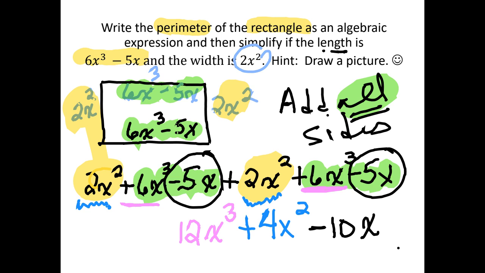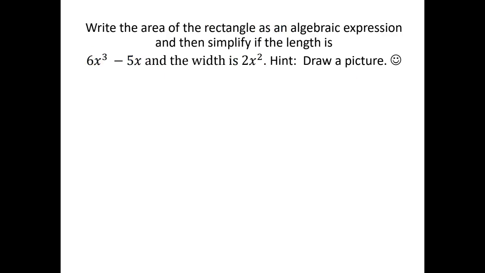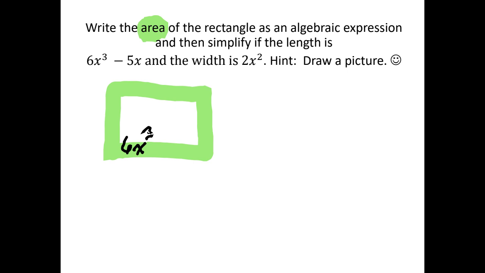Now, here, notice the change. Area. I have a rectangle. This is 6x cubed minus 5x. This side is 2x squared.